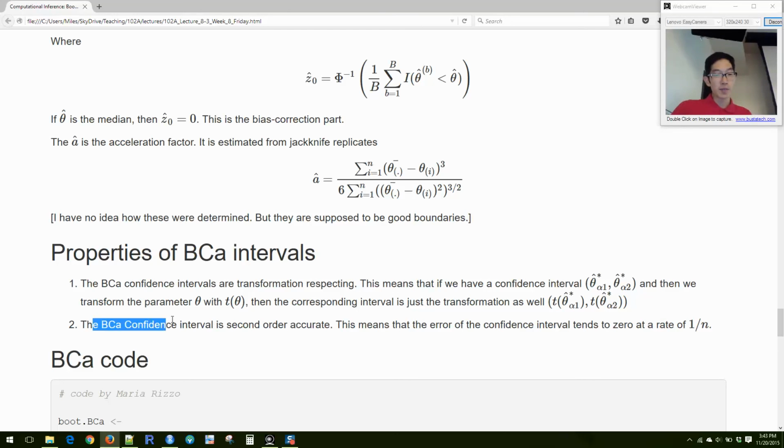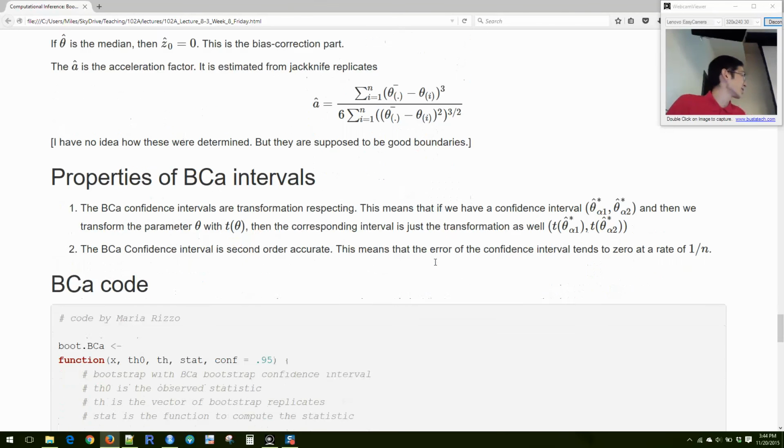And then the confidence interval is second order accurate, which just means that the error will tend to 0 at a rate of 1 over n. All confidence intervals get better and better as your sample size increases. Some of them get better at a rate of 1 over the square root of n, which is first order accurate, and this one gets better at a faster rate of 1 over n, and that's second order accurate. Okay. So apparently, these are nice things.